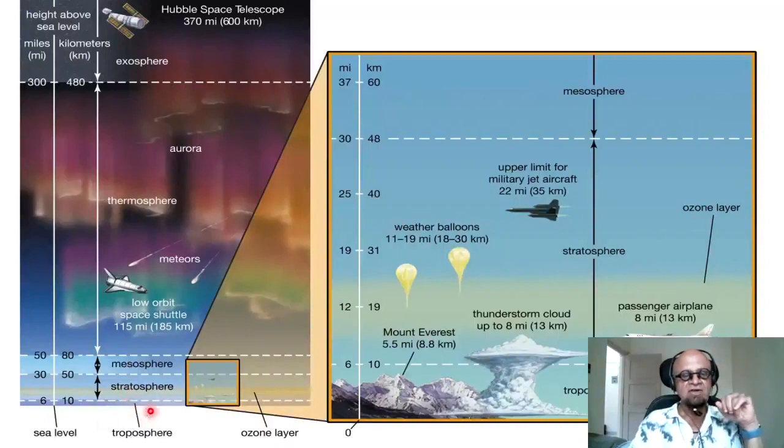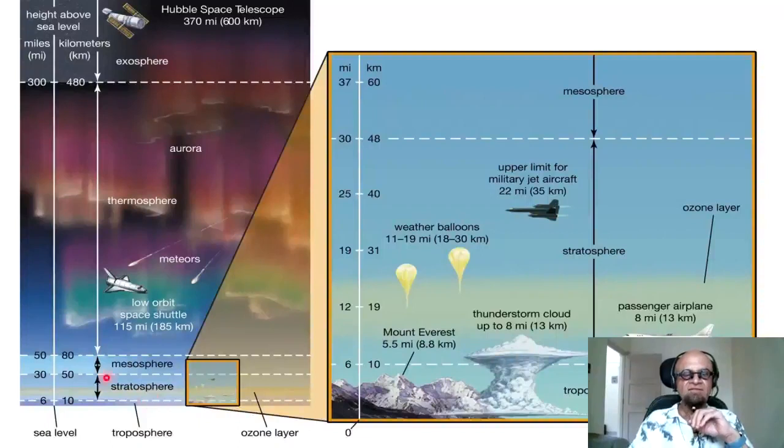The lowest layer, where we live above sea level, is called the troposphere. These names come from Greek and they have meanings, and I won't go into the details. You can do it as homework. Troposphere, where does it come from? Stratosphere: for those who know enough English, you may know that stratified, stratus, and so on usually means layered, so stratosphere must have something to do with layering.